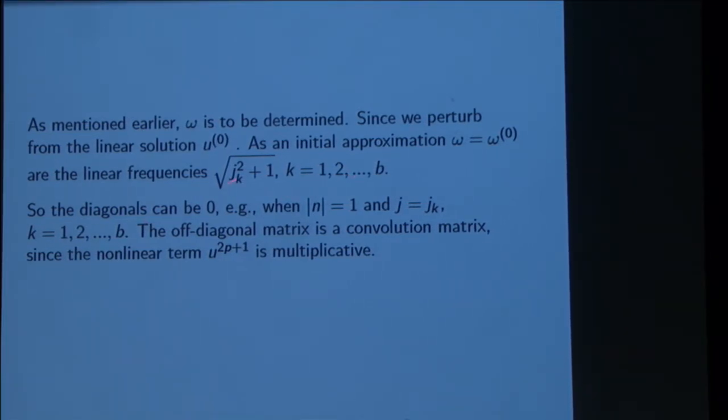So the diagonals can be 0 when it's a solution to the linear problem. The off-diagonal matrix is a convolution matrix. Since you have a nonlinear term, after Fourier transform, it becomes a convolution matrix.